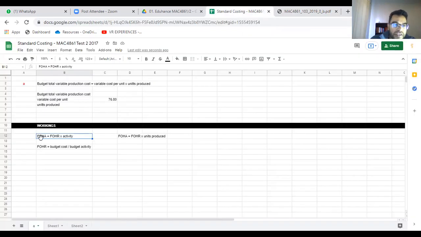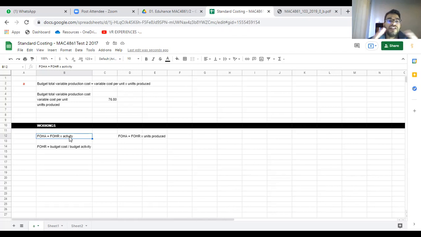So fixed overhead applied is 20 Rand. How did they get 20 Rand? They said the fixed overhead rate is 10 Rand per hour, and the activity, which is based on units, which is based on labor hours, is 2. So the activity, 2 labor hours, times the overhead rate of 10 Rand, gave them a fixed overhead applied of 20 Rand. That's on a per unit level.